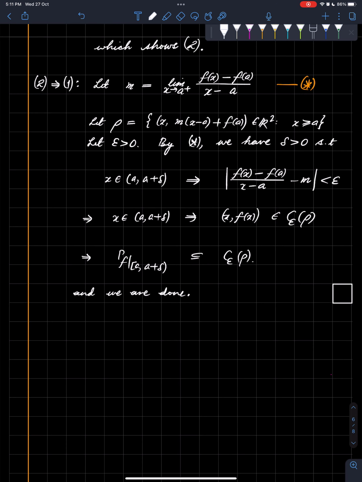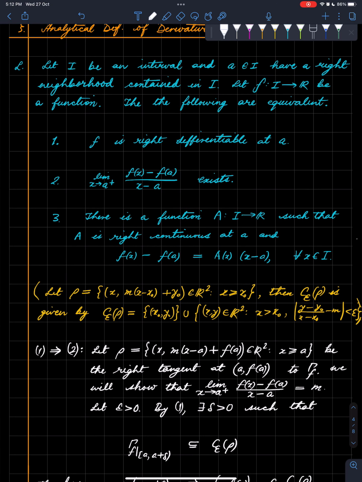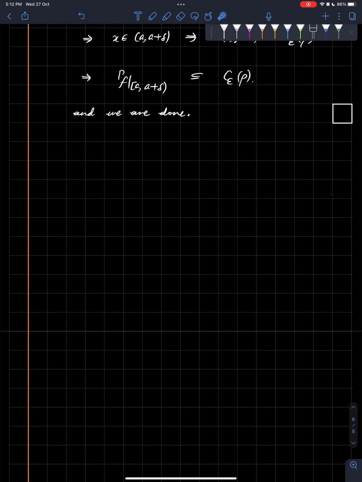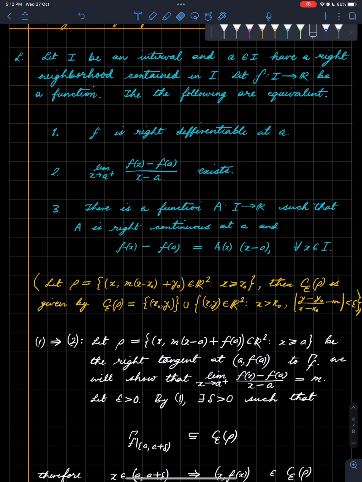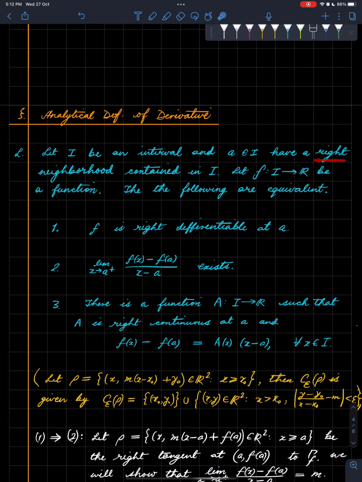Okay. So the geometric definition is nice for understanding, but if you want to really calculate the derivative, meaning the slope of the right tangent, this is the most useful thing. So let's take a very simple example. But before I go to an example, I proved a theorem for right derivatives, the right tangent, but you can prove a similar thing for the left tangent, and you can also prove a similar thing for functions which are differentiable.